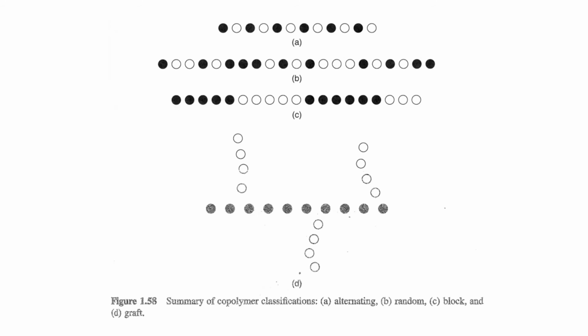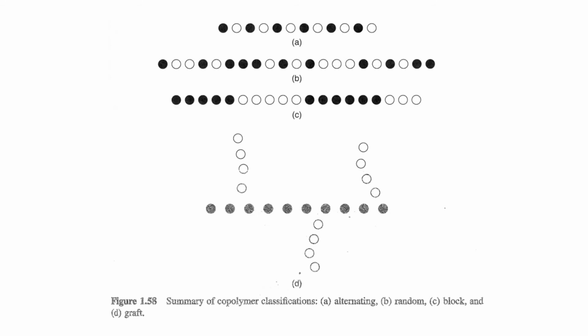The alternating copolymer is where you have very ordered alternating monomeric units. So for example, if we have monomer A and monomer B, the polymer backbone or the chain will go AB, AB, AB.